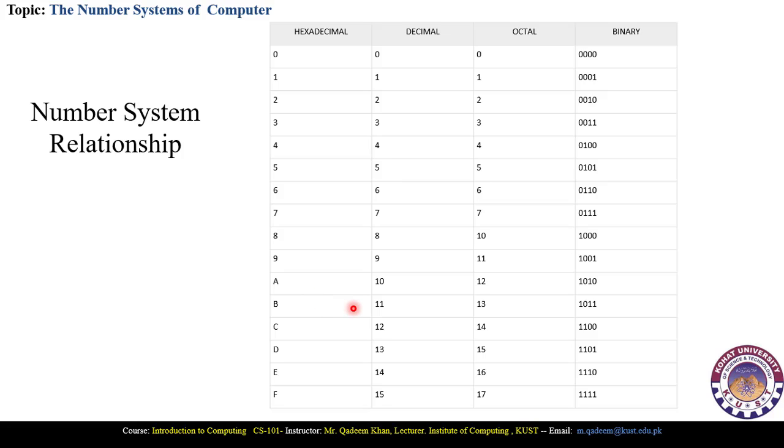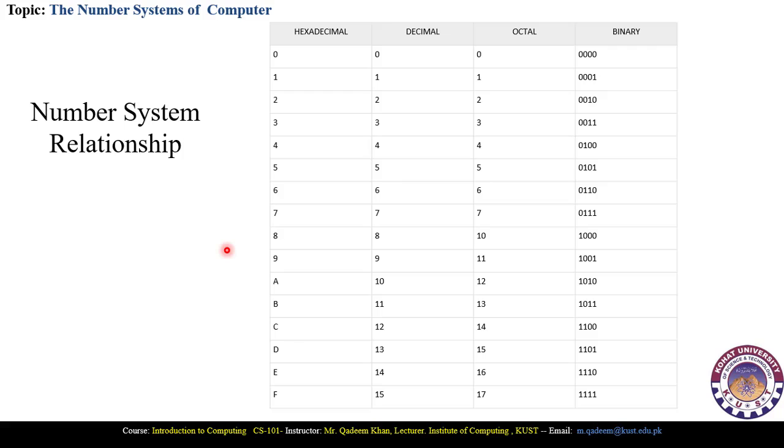So this table overall provides a summarized way of converting hexadecimals, decimals, octal, and binary to each other. But when we convert larger numbers, here you can see we have just 15 different numbers. So when we convert larger values, we require certain procedures, which will be covered in the upcoming lectures.